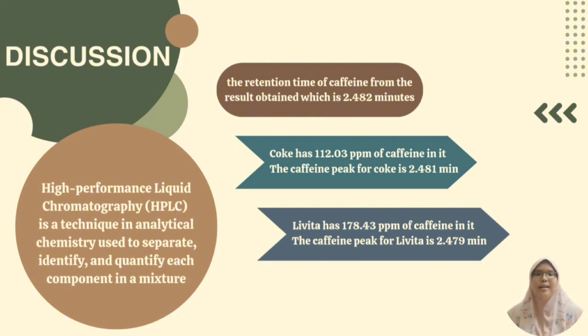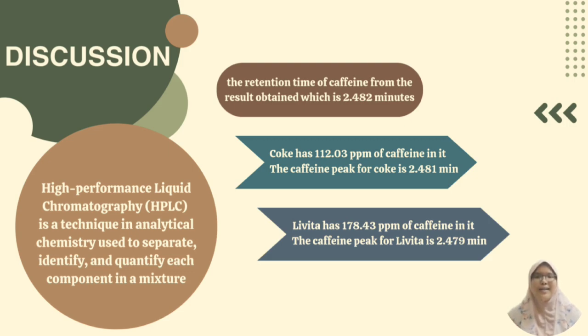And for Levita, the caffeine peak is the sharpest peak, at a retention time of 2.479 minutes. From this information, the concentration of caffeine in each drink can be determined. Coke has 112.03 ppm of caffeine in it, while Levita drink has 178.43 ppm of caffeine in it.